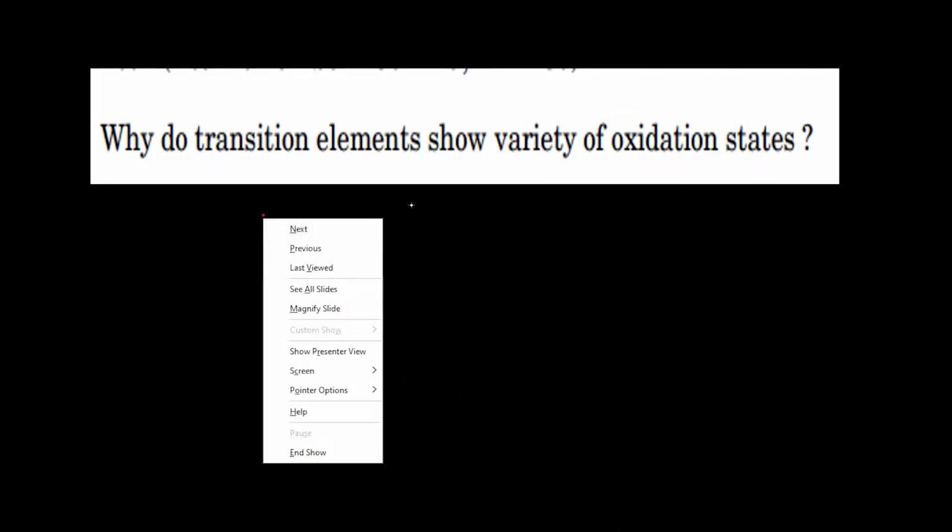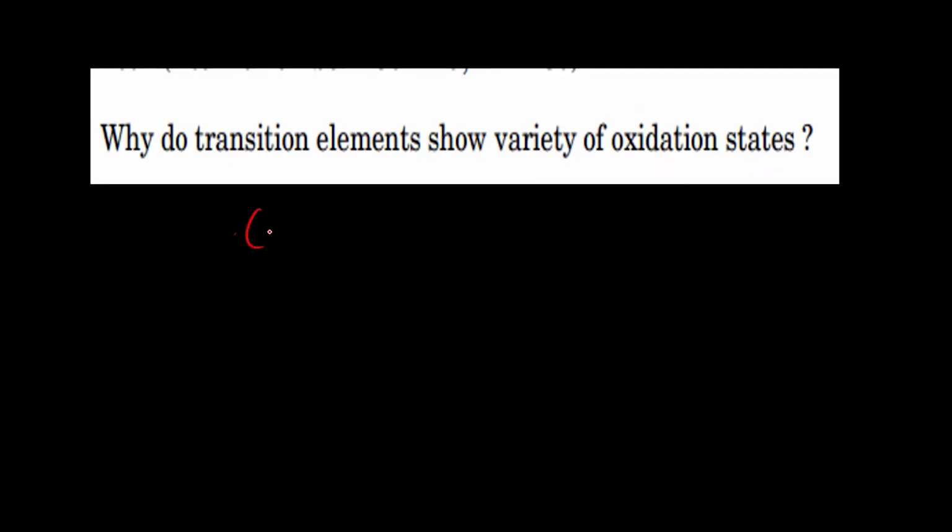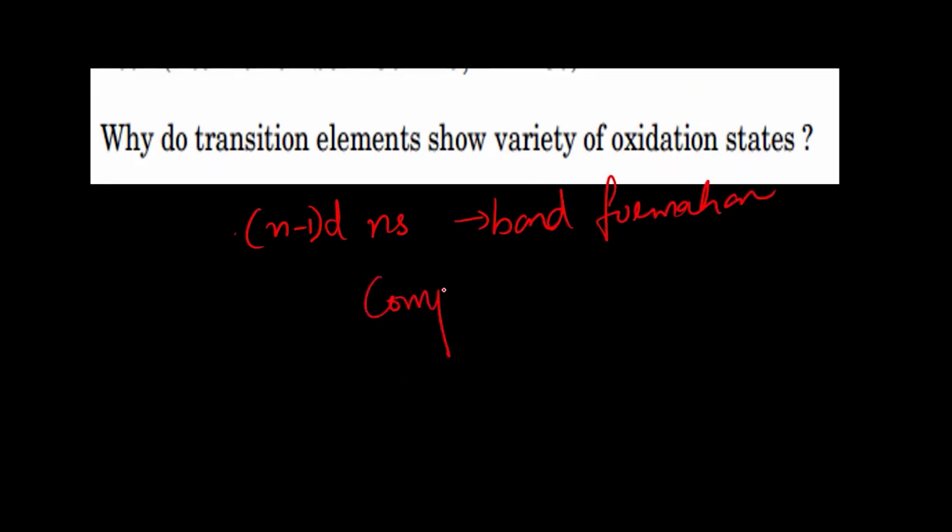Yes. Next question: why do transition metals show a variety of oxidation states? What is the reason? Because they have (n-1)d and ns electrons, and these subshells take part in bond formation, and we know that both have comparable energies.